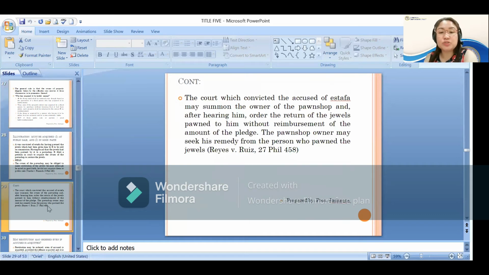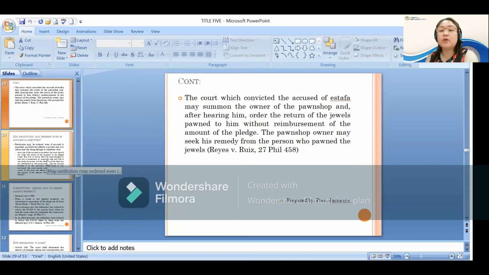The court which convicted the accused of estafa may summon the owner of the pawn shop, and after hearing him, order the return of the jewels pawned to him without reimbursement of the amount of the pledge. The pawn shop owner may seek his remedy from the person who pawned the jewels, that is Reyes versus Ruiz.